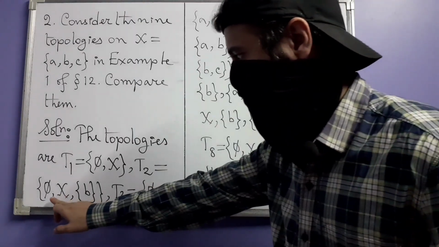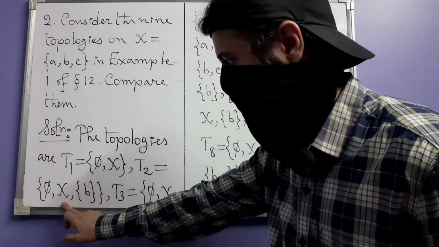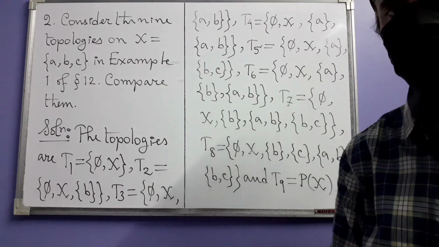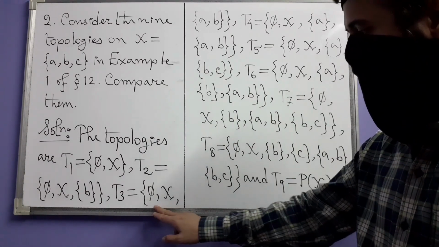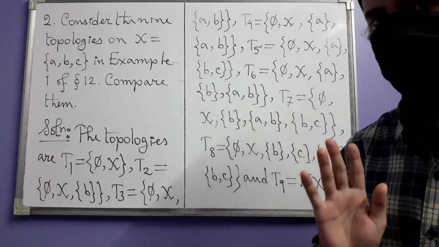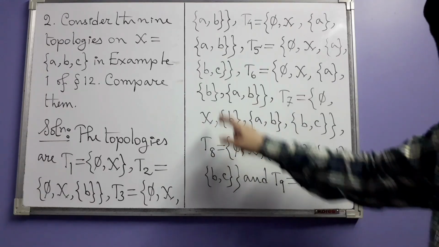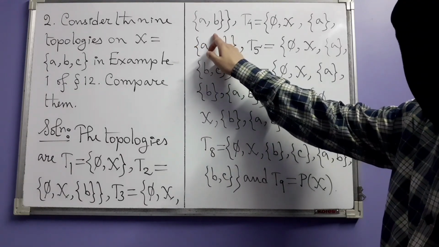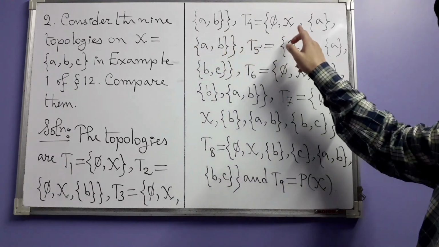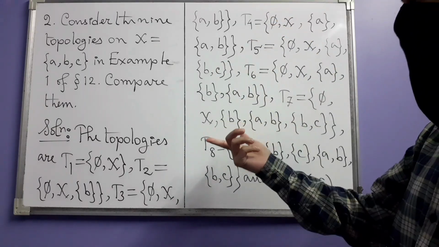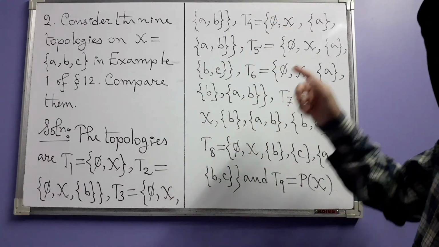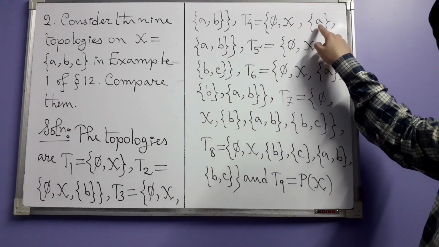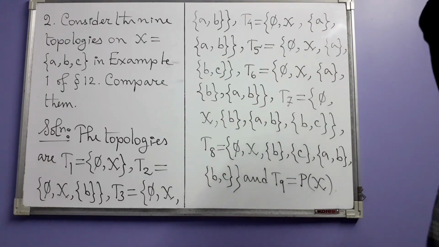T2 consists of the empty set and X and the singleton set B. T3 has, obviously the empty set and X will always be there, but besides that it has this two element set A, B. T4 has those things that T3 has, and on top of that this singleton set A.